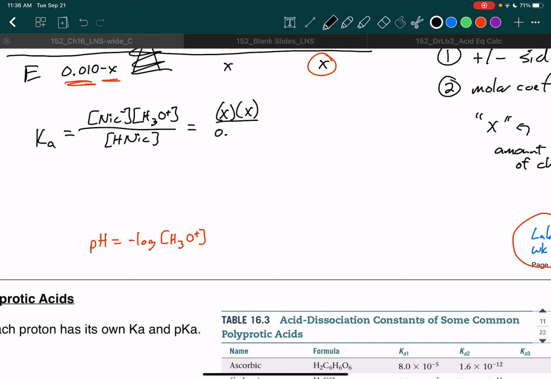And then I have this thing for the niacin that I start with. Reactants over products. So you have to use the equilibrium concept. Yes. Yeah.